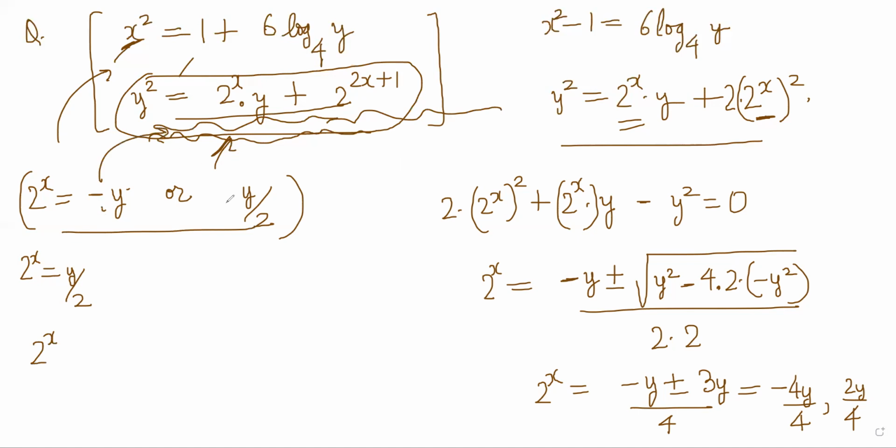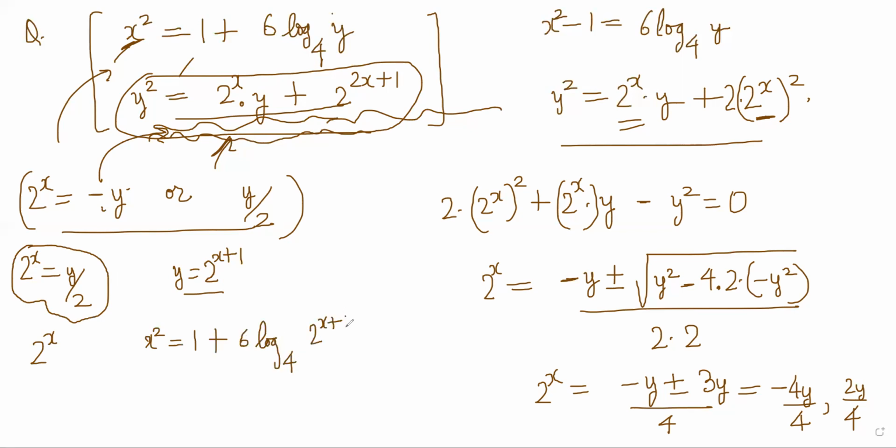If 2 power x is equal to y by 2, we can say that y is equal to 2 power x plus 1, and I will put that there. So I'll say x square is equal to 1 plus 6 log 4 of 2 power x plus 1.